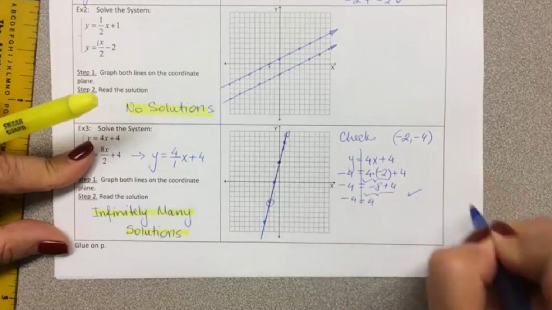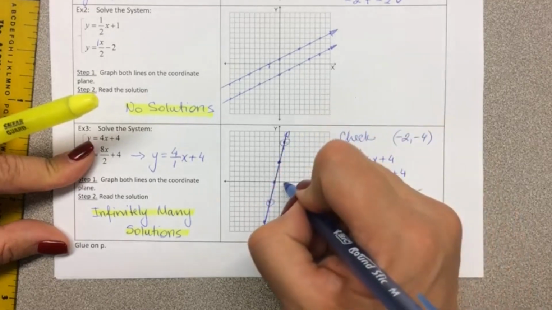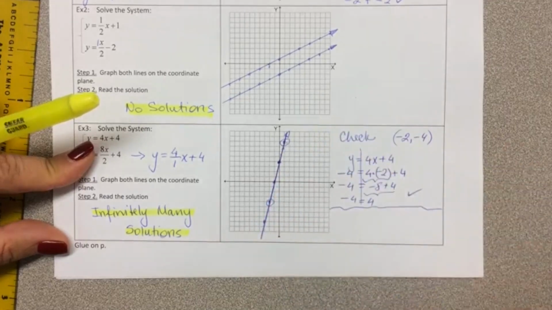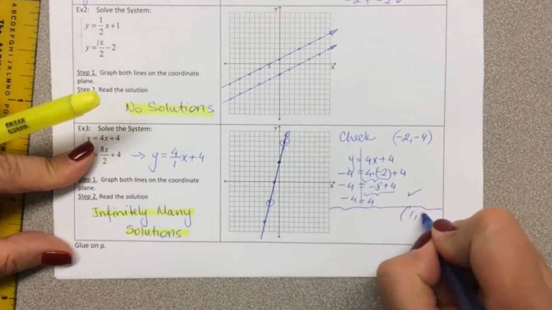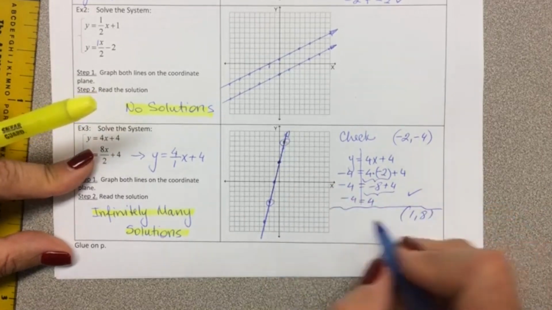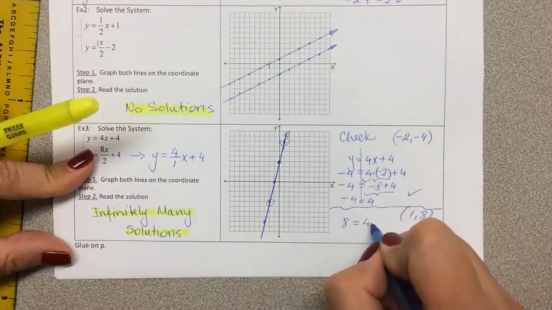negative 4, and that works. If I check another point, let's say I check this one, it's 1, 2, 3, 4, 5, 6, 7, 8. And I plug it in the same equation, so I'm going to check point 1, 8, and that would be, instead of the y value, we put 8. Instead of the x value, we put 1.